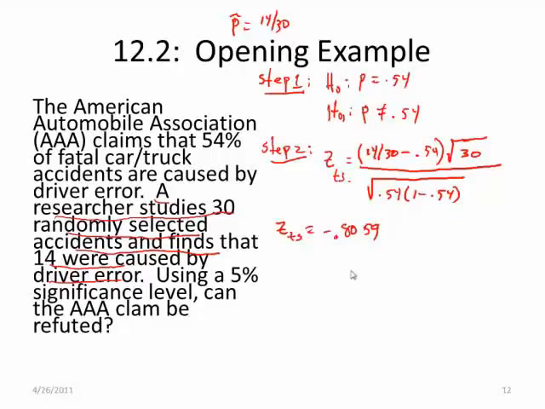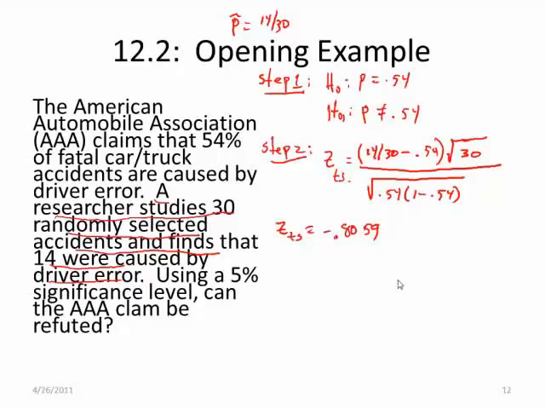Because it's close to 0. This number is close to 0, and remember, we reject when the test statistic falls in the tails.